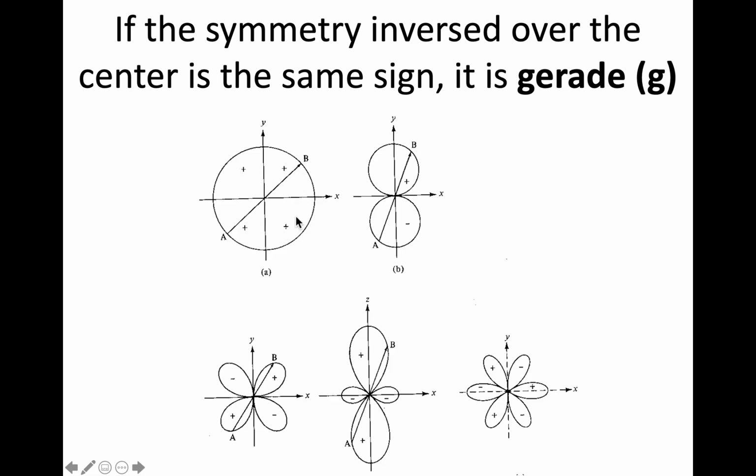I want to make it clear here that this is not the sign in terms of charge, right? Because electrons are always negatively charged. So if we're talking about the electron cloud, it's always going to be negative. But here we're talking about the sign of the Schrodinger wave equation. So in this sphere, the sign is equal throughout. Whereas here, it's positive on this lobe and negative on this lobe. And you can see that positive, negative listed throughout.